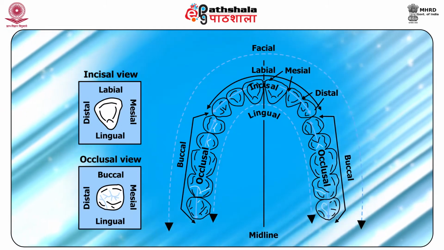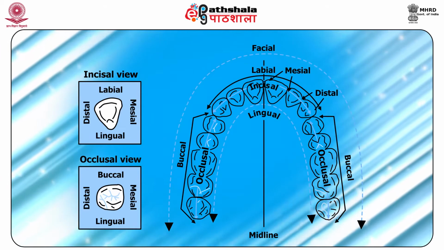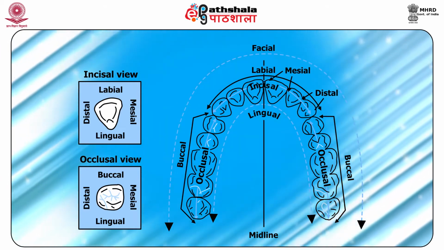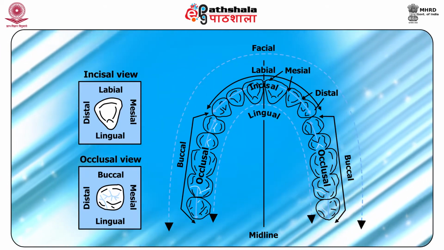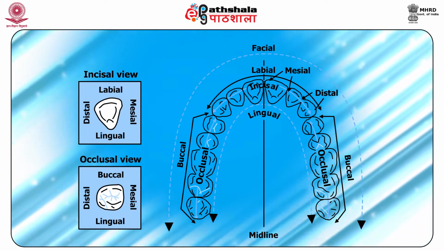Tooth surfaces can be named accordingly. The surface of the tooth which faces outwards towards the face, cheeks and lips is known as facial, buccal or labial respectively. The surface facing inward toward the tongue is termed lingual.